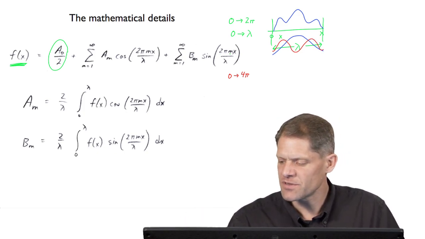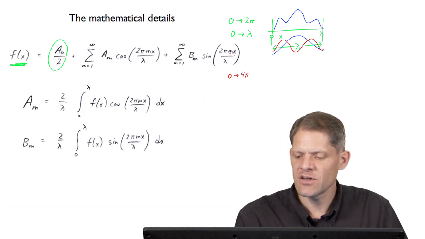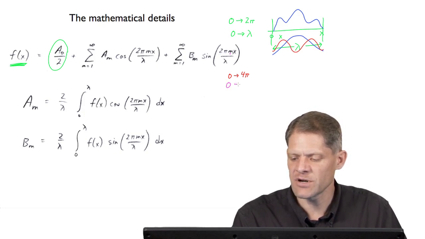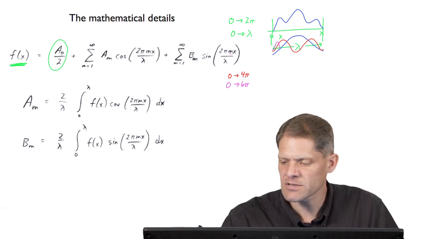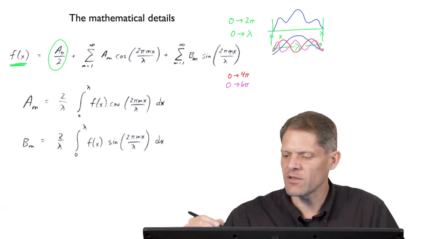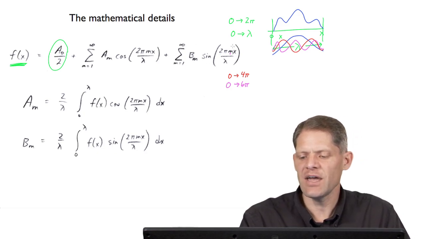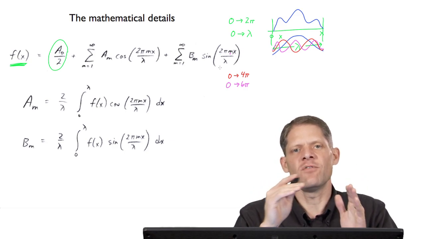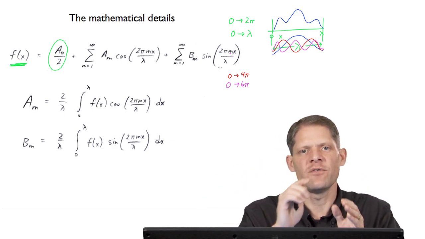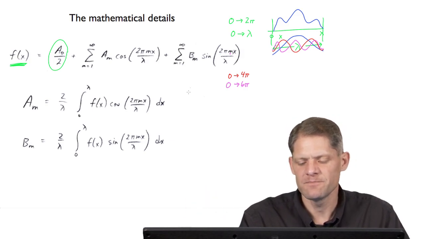Then when m is equal to 3, as x goes from 0 to a wavelength, this argument in total will go from 0 to 6 pi, meaning 3 oscillations across the box. So that will be a wave that looks like that. And so as m goes from 1 to infinity, these are sine waves with integral numbers of oscillations across the box going from 1 to infinity. And each one has their own amplitude.